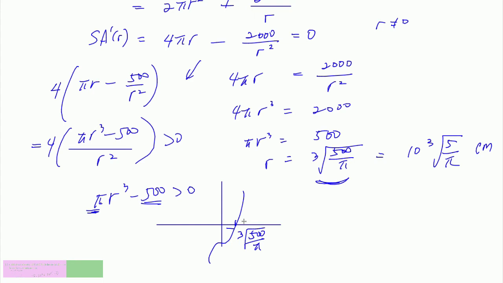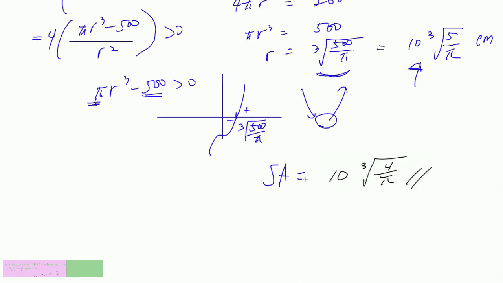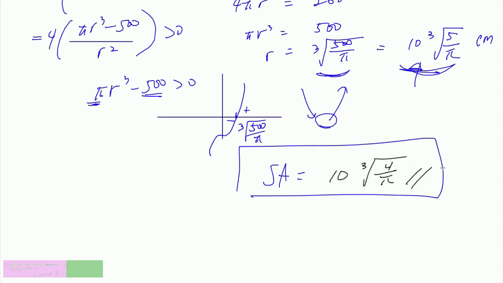It's going from negative to positive. We know this because it's a cubic function. If the graph goes from negative to positive, isn't it a local minimum? So that will be the local minimum. That will generate the minimum surface area. Okay, so when you plug this into the surface area formula, this is what you get. Of course, it's in centimeters squared.